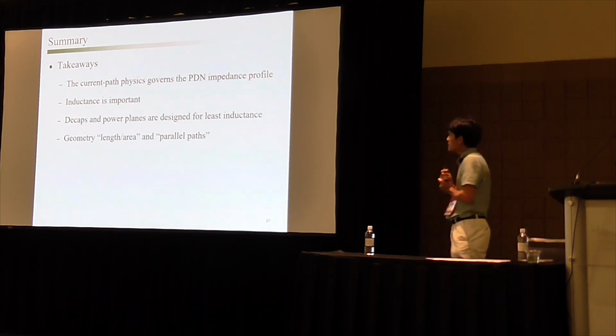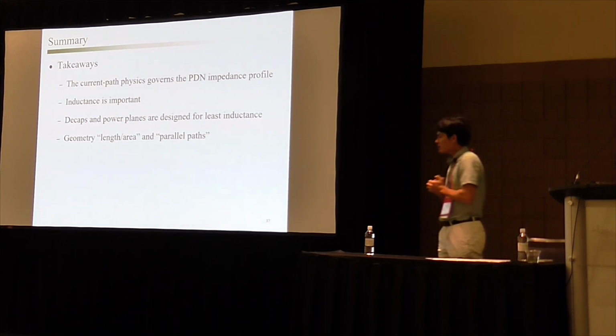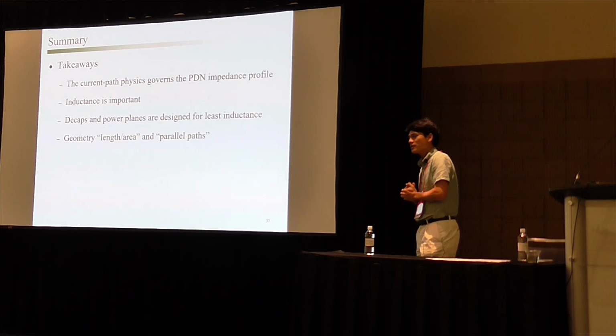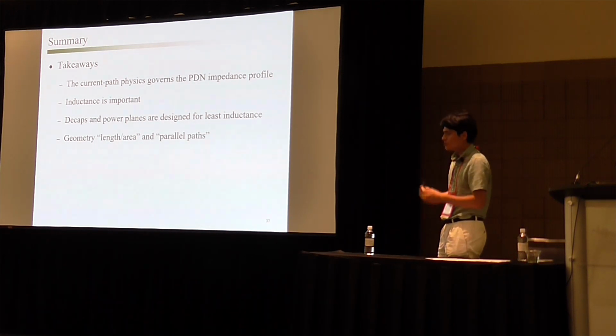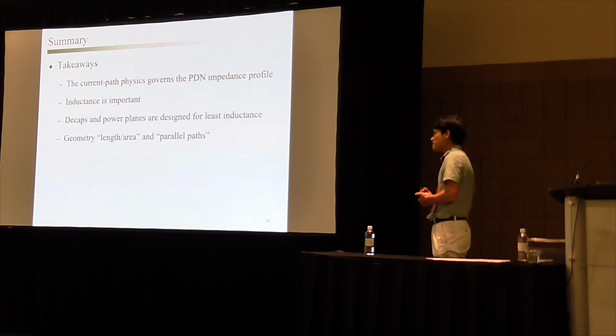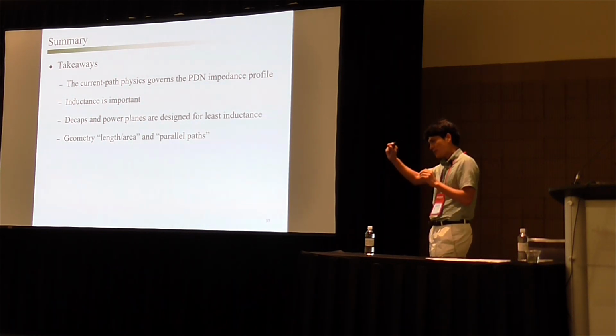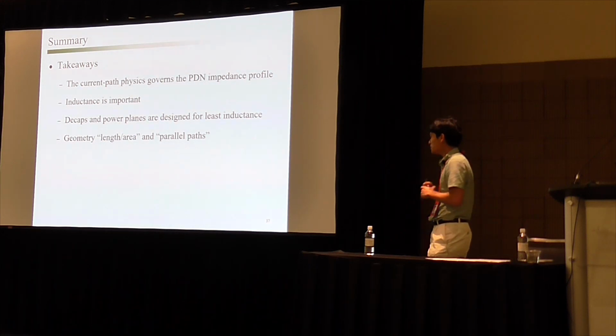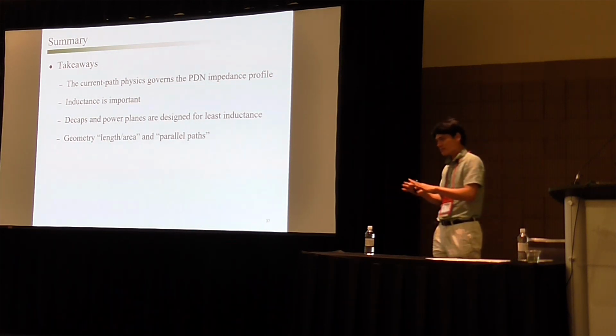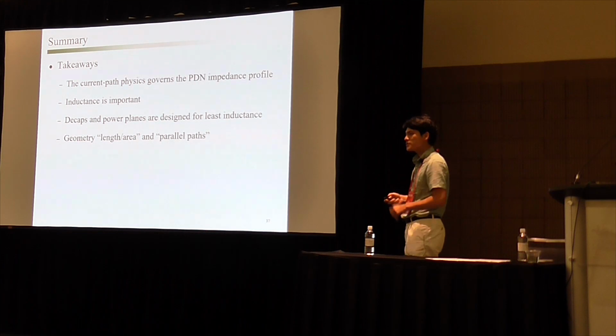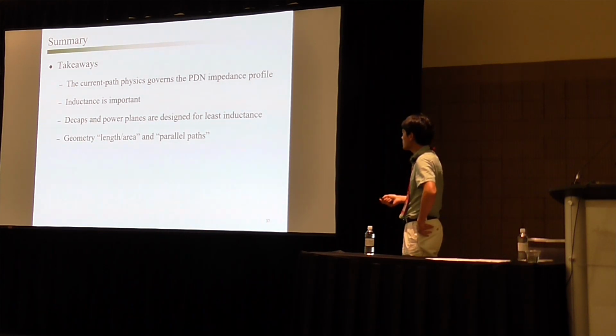So takeaways, again, it's the current path that governs the PDN profile. So inductance is important, and based on this target impedance or the given inductance value, we can choose among the many design options to satisfy this target impedance.